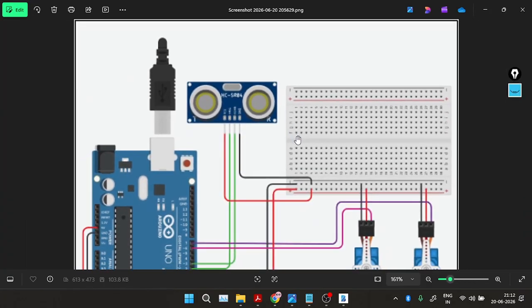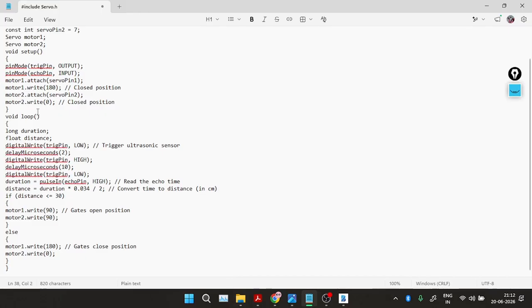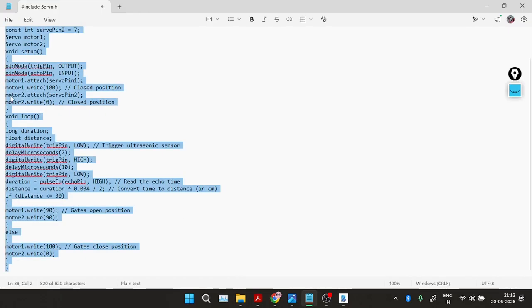So let us go for the program very quickly, and then we will go for the circuit. So for the program, this is the program. Don't get confused by seeing this.